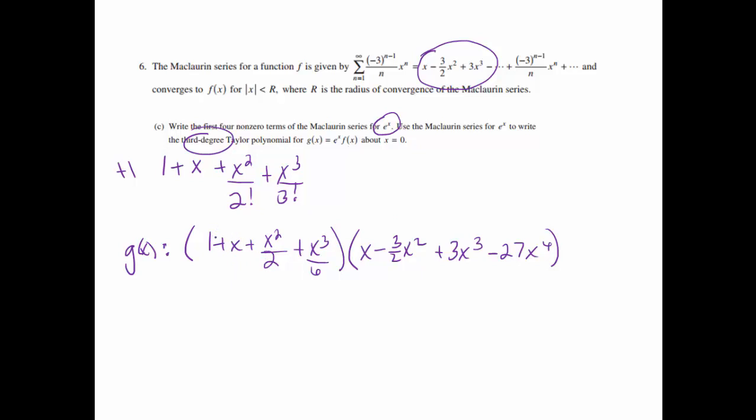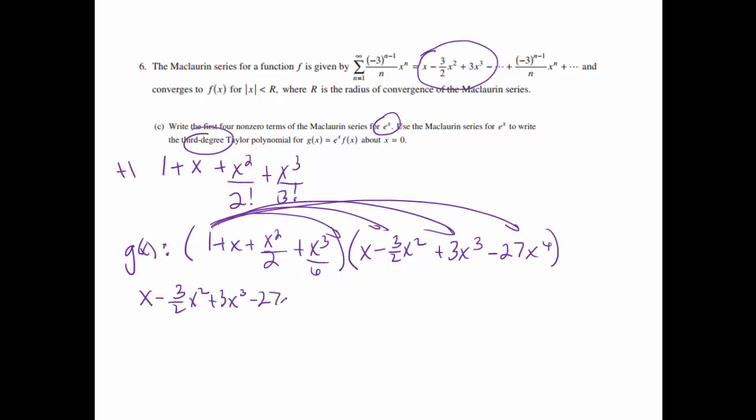So I'm first of all going to distribute the 1 to every part. So when I distribute the 1 to every part, I'm going to get x minus 3 halves x squared plus 3x cubed minus 27x to the 4. Okay, now I'm going to distribute the x to all the parts. So I'm going to get x squared minus 3 halves x cubed plus 3x to the 4 minus 27x to the 5th.